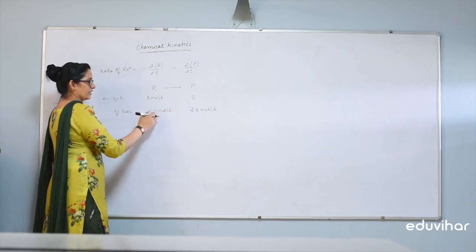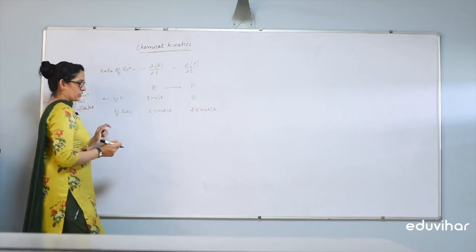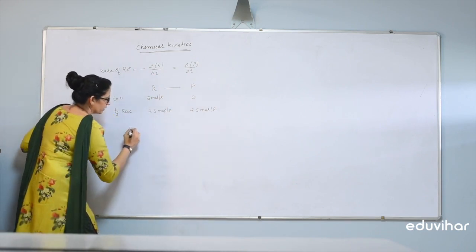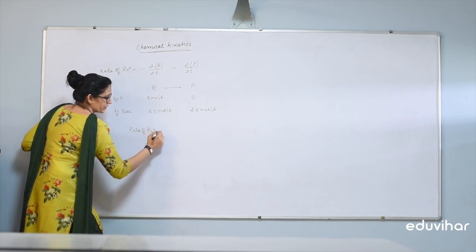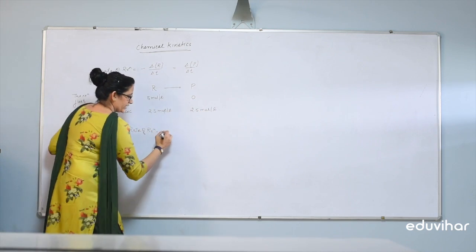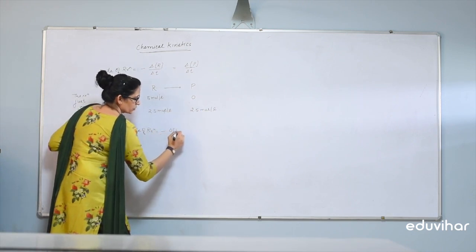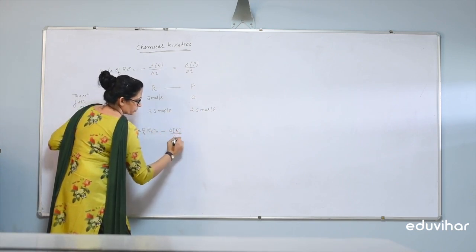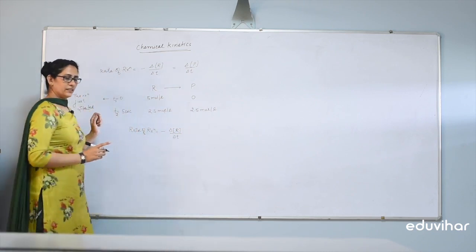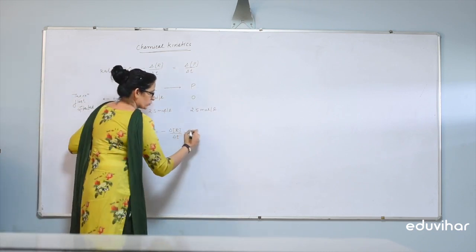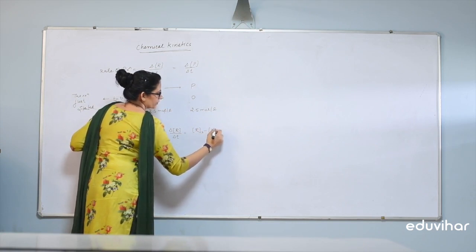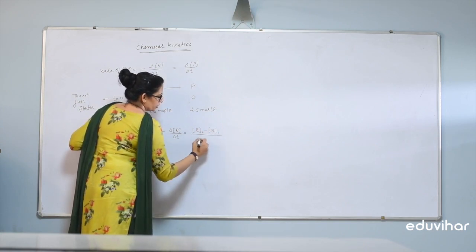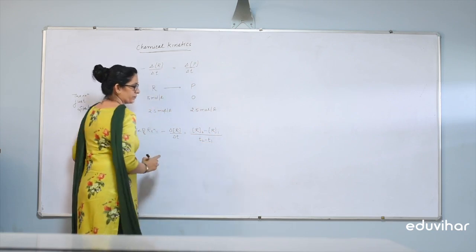Whatever reactant we had, that converted into the product. So now we calculate the rate of reaction. Rate of reaction is equal to negative change in concentration of reactant with respect to time. Is it clear? That is equal to negative, R2 minus R1 upon T2 minus T1.